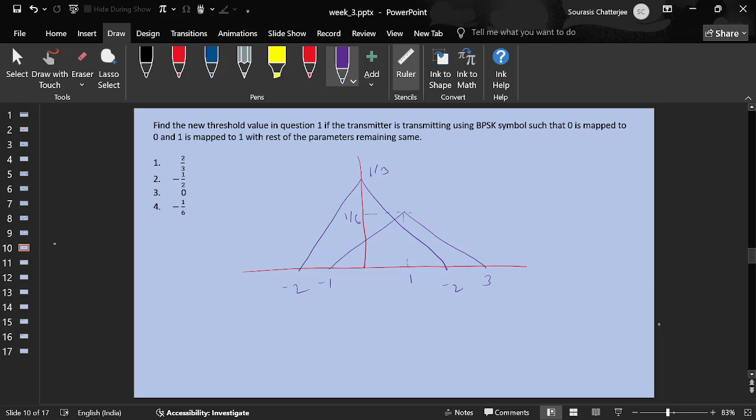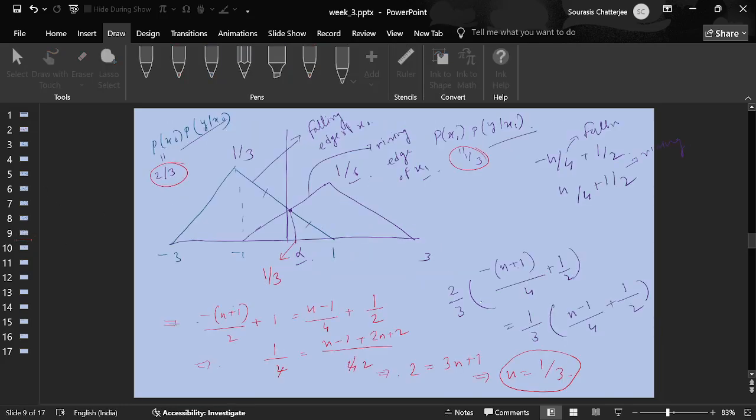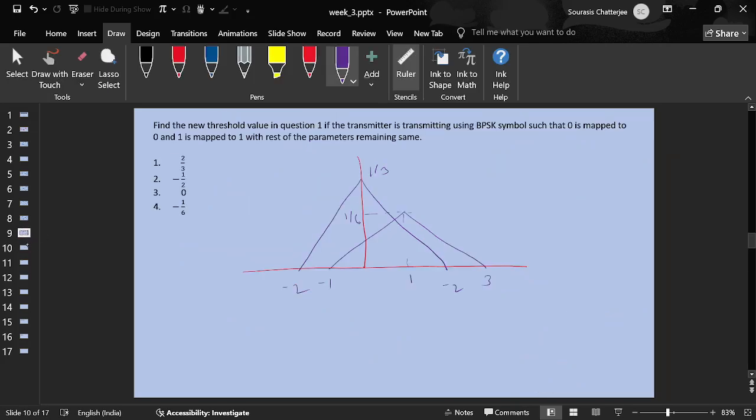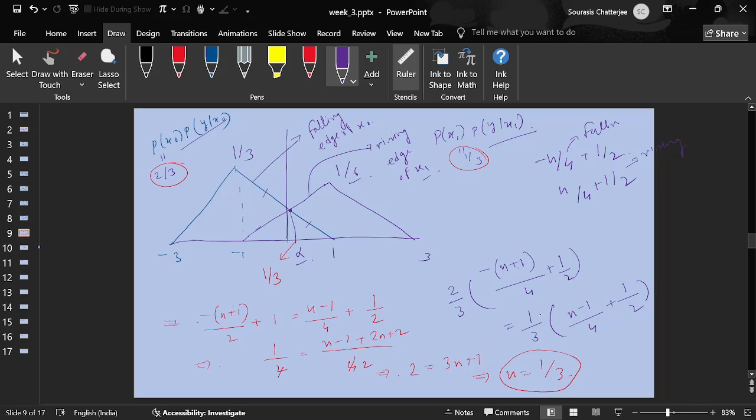So what should I do next? In terms of the equation that we were equating earlier, what is the change going to be there? The shift, minus n plus 1, will be different.